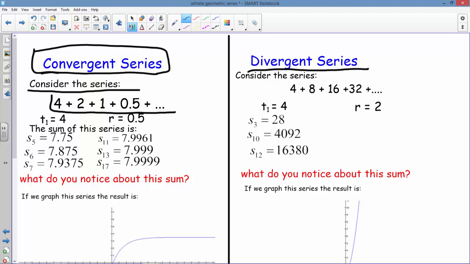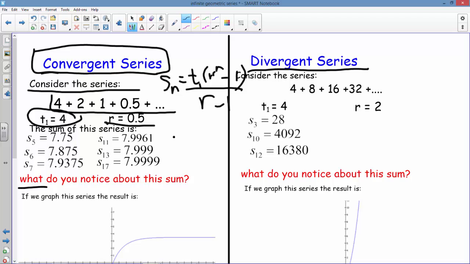You'll see that the first term is 4, and the common ratio is 0.5. Now I used the formula that we had for geometric series, that the sum of a geometric series is the first term times r to the power of n minus 1, divided by r minus 1. I used that and I found the sum of all of this.